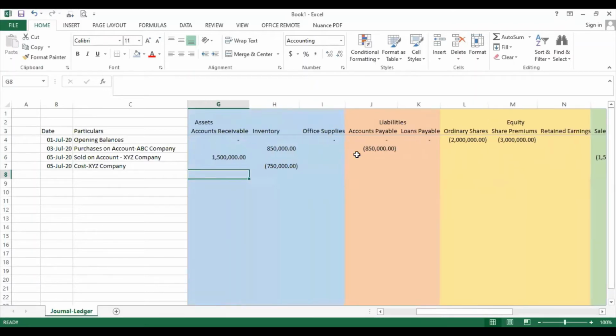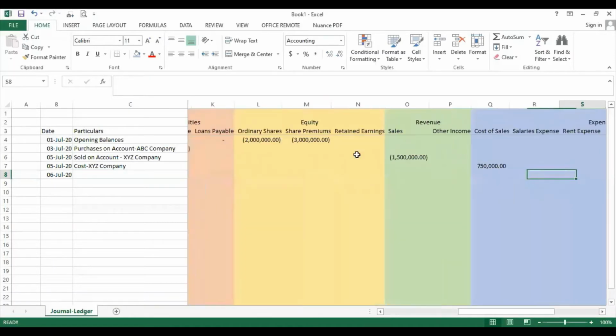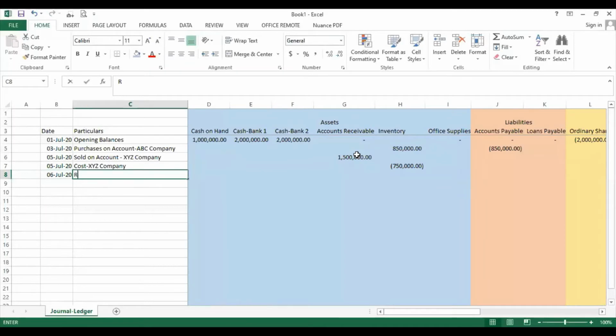Okay, let's assume further. Let's have several transactions. So on July 6th, say we paid rentals. So rent for July, let's assume, that we are paying every 6th of the month. So July 2020, let's say our rental is 100,000.